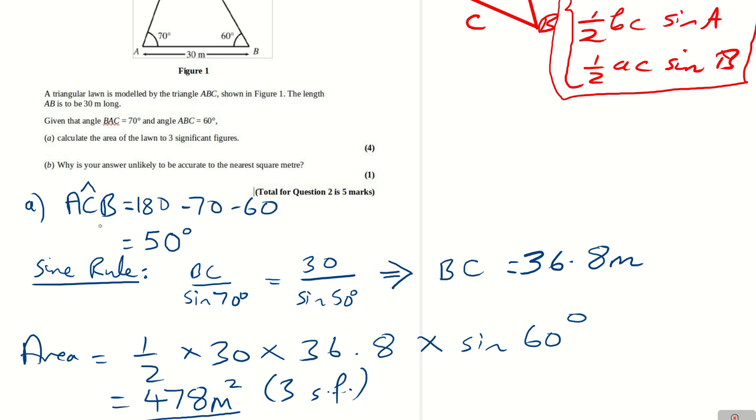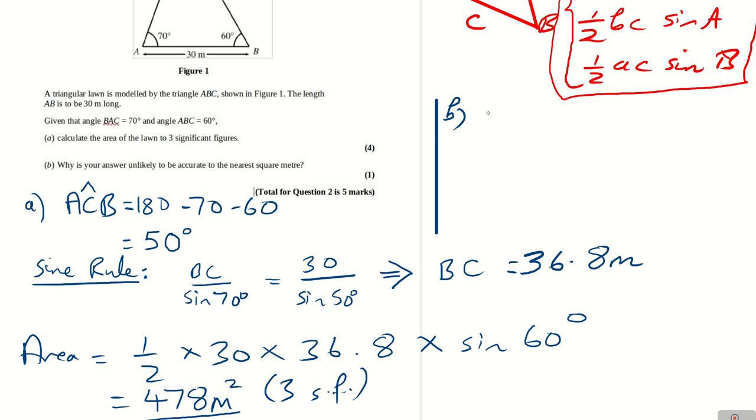Now part B asks us why is your answer unlikely to be accurate to the nearest square metre? We have worked it out to the nearest square metre because it so happens that that's three significant figures. It's unlikely to be accurate for a number of reasons.